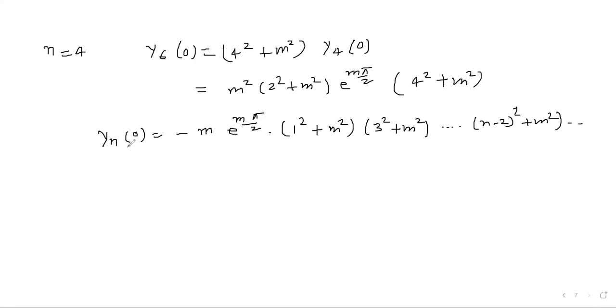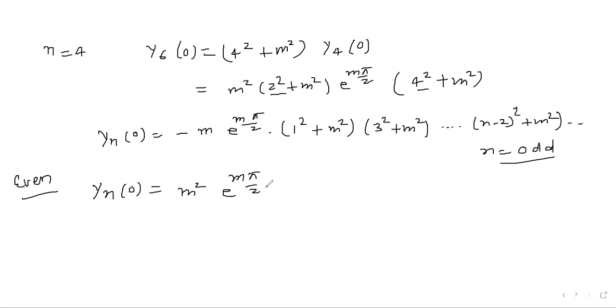This is yn(0) when n is odd. And for even yn(0), we will take 2 square, 4 square. So yn(0) for even will become m square e to the power m pi by 2, then 2 square plus m square, dot, 4 square plus m square, dot dot, (n minus 2) whole square plus m square.